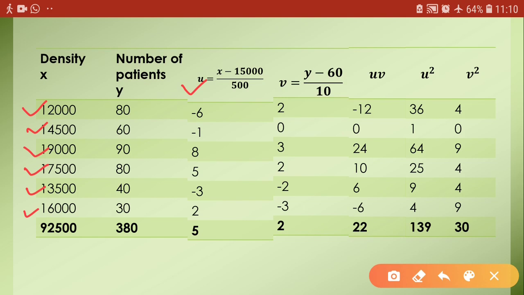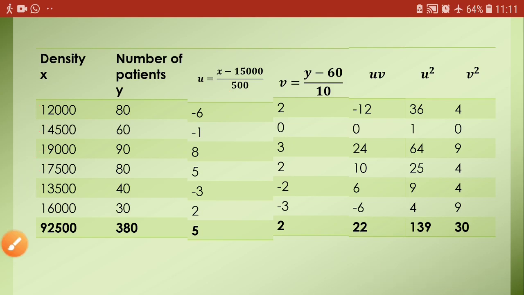You can take any figure. If you subtract 12,000 minus 15,000, the answer is 3,000, and 3,000 is still a big figure, so you will divide every digit by 500. You got my point? You have to see the figures and judge how you will reduce the digits.